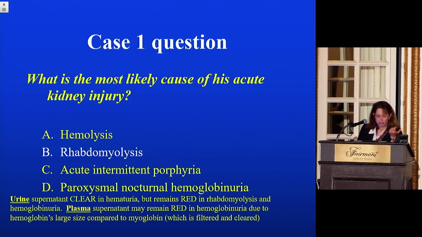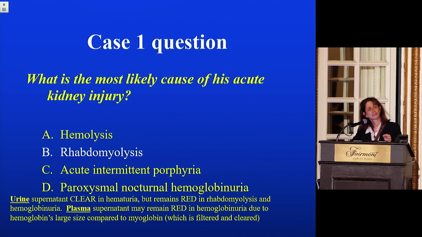The red in the plasma, in hemoglobinuria, it's going to remain red because in hemolysis, hemoglobin is a rather large protein, 67 kilos, and it binds to haptoglobin. So it's going to remain in the supernatant. It's going to remain in the plasma long enough to be visualized, to impart a red hue.